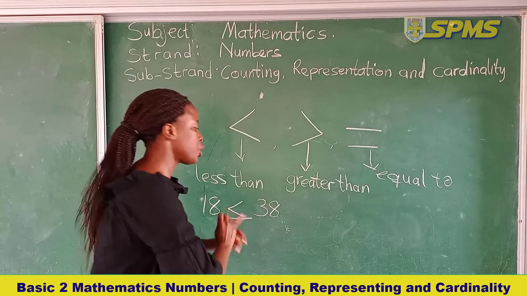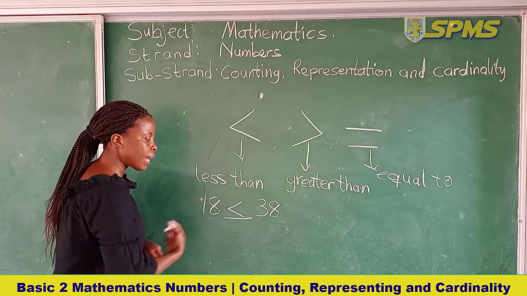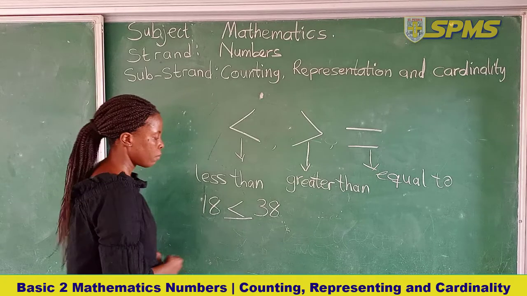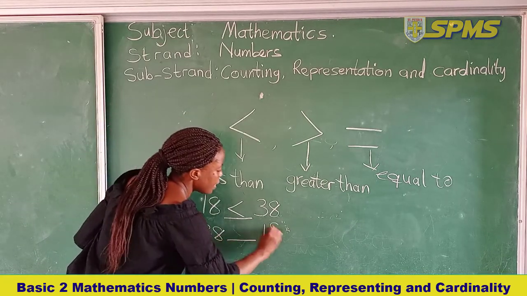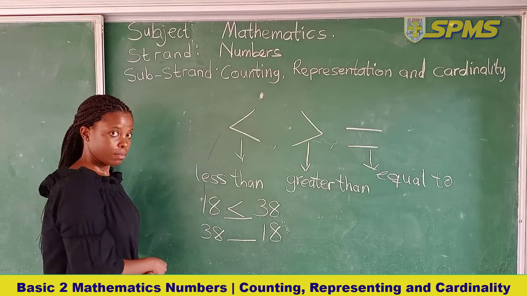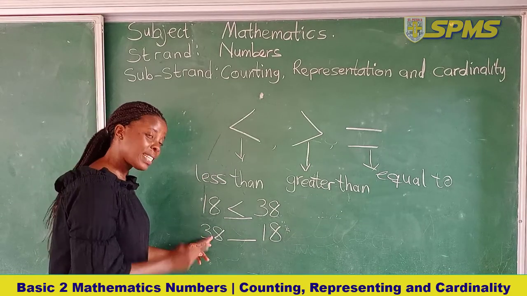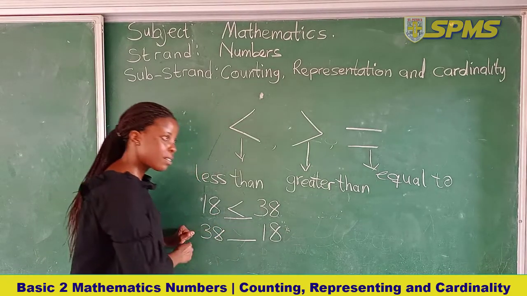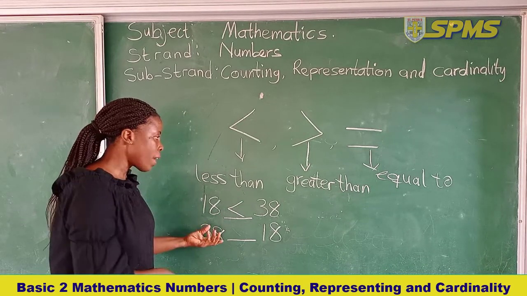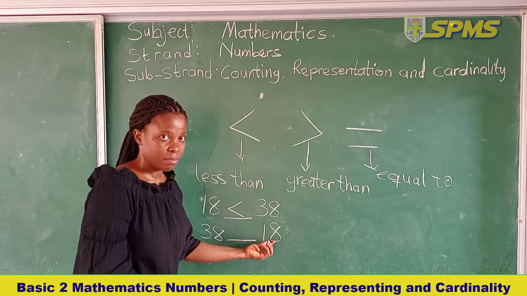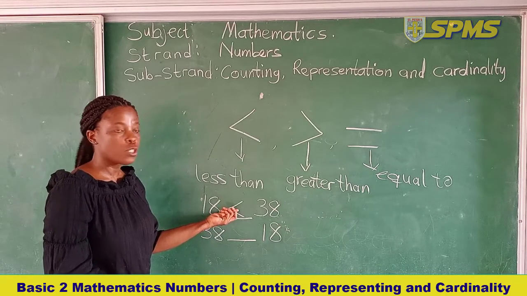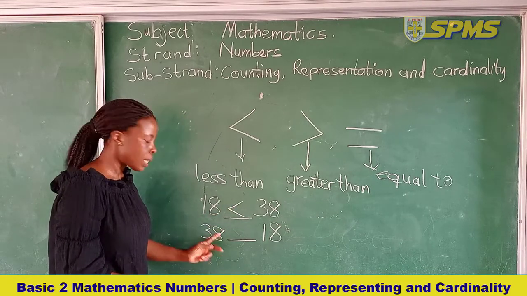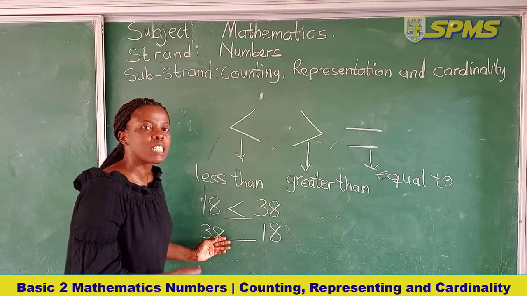Let me turn the position of the numbers and see whether the symbol will change. So this time 38 comes first, then 18. 38 is the number that is coming first, and it is greater than 18. So we are no longer going to use less than, but we will use greater than, because 38 is the number that is first.